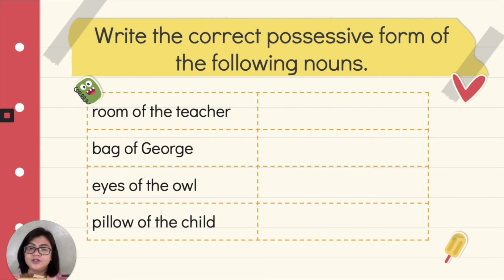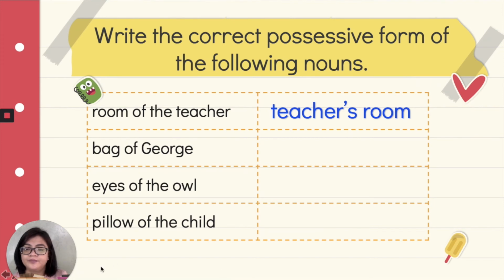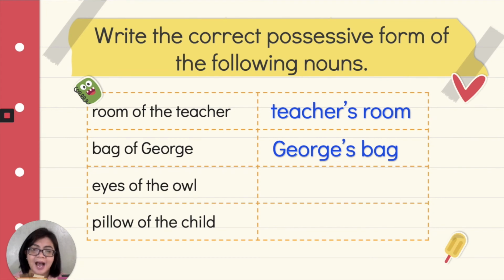First one is room of the teacher. The phrase room of the teacher will become teacher's room. As you can see, apostrophe S is added here. Next, bag of George will become George's bag.